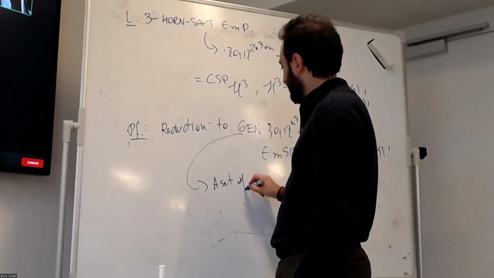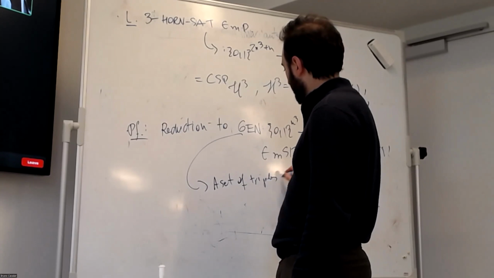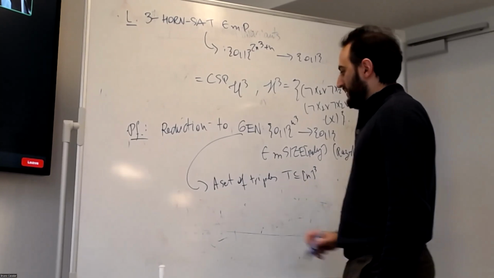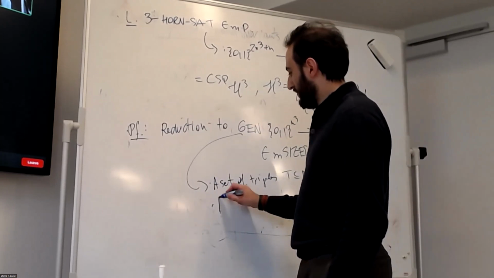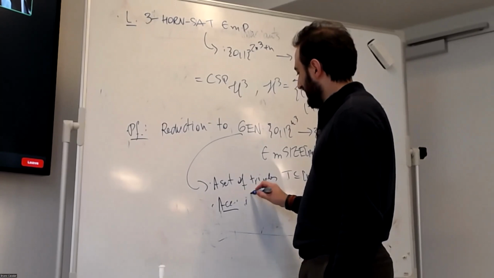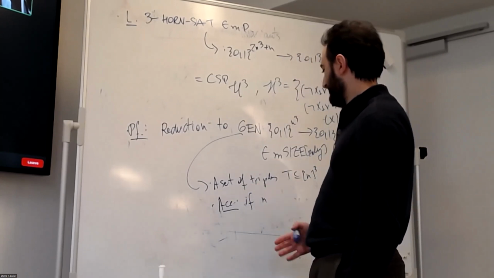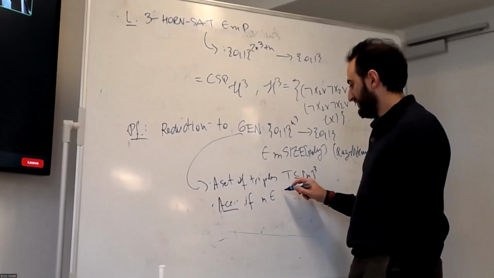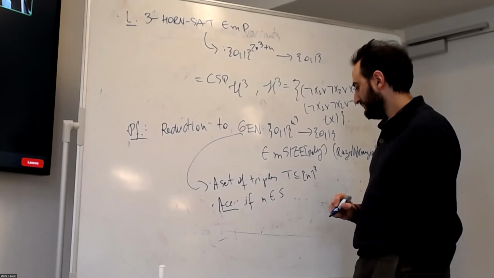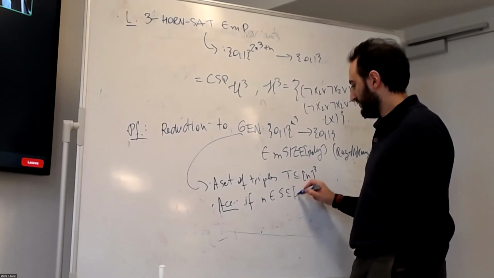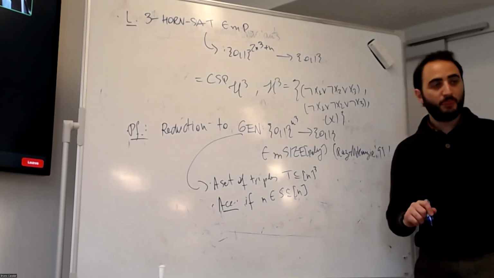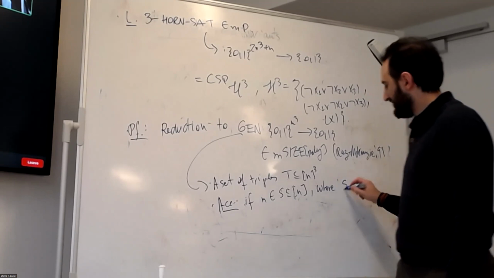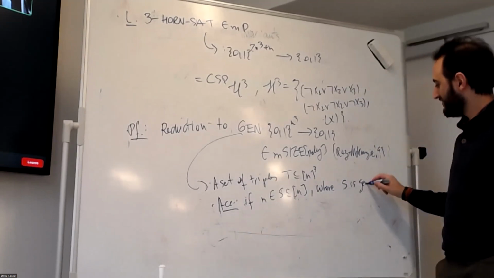You accept if the special element, let's say n, is in the set S, where S is generated as follows.